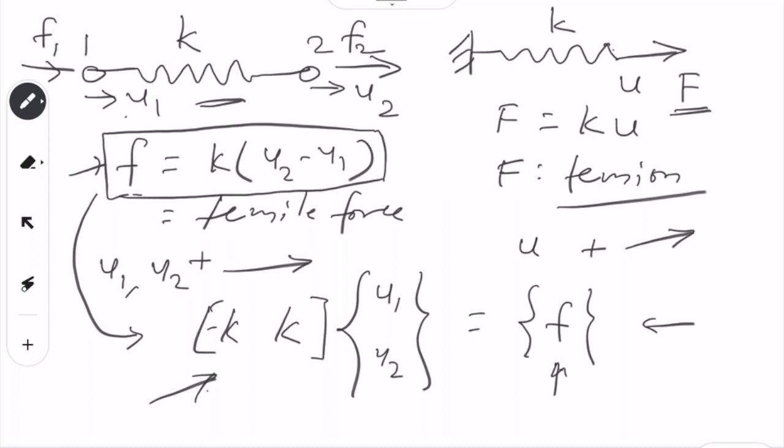If we are writing (u2 minus u1) multiplied by k equal to F, where F is the tensile force for the whole element, instead of writing F we can write F2 here.